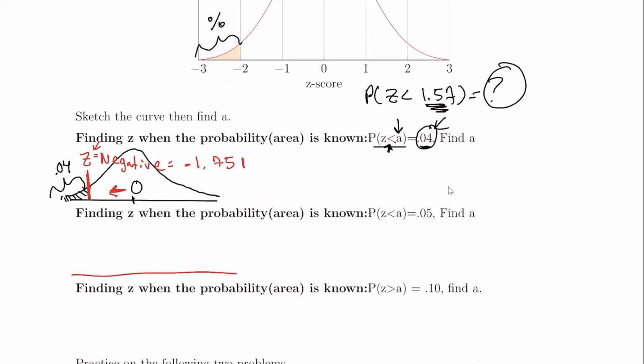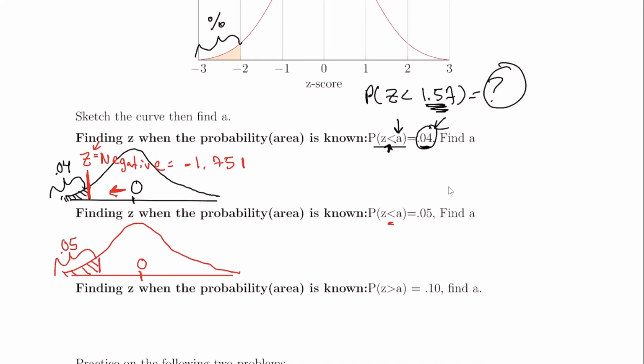So once again, we're going to draw this out. We're going to put 0 in the middle. If you look at it, it says less than, so that means we want the left tail. And they tell us this is now equal to 0.05.